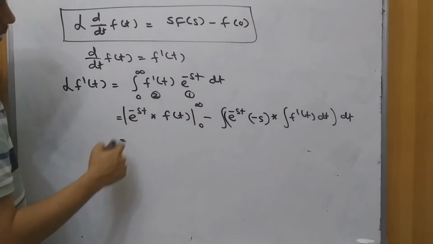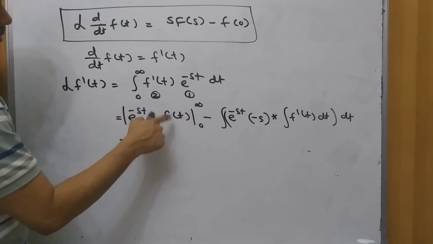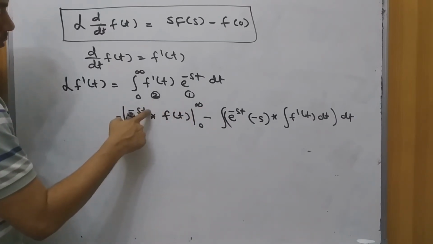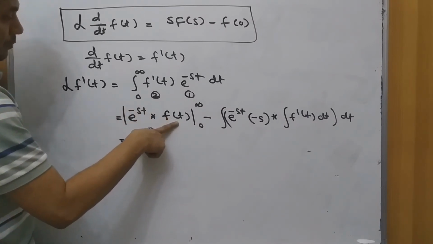If you apply the limits, e raised to minus infinity is 0, and at the lower limit e raised to 0 is 1, so this part is going to be f of 0.